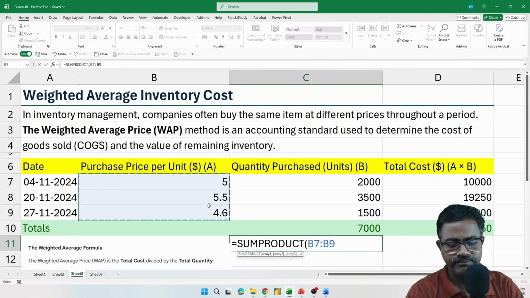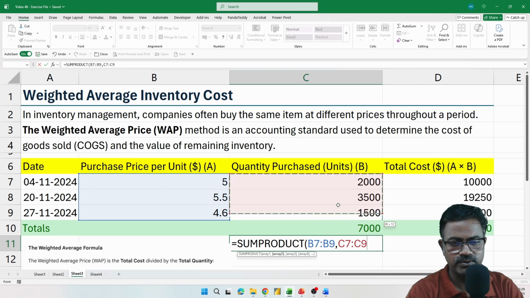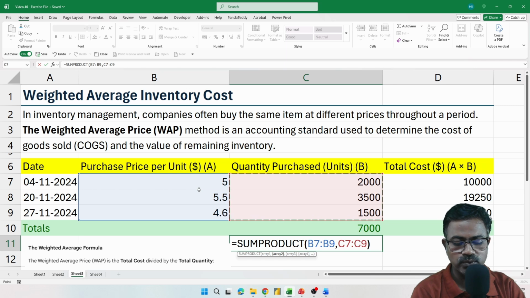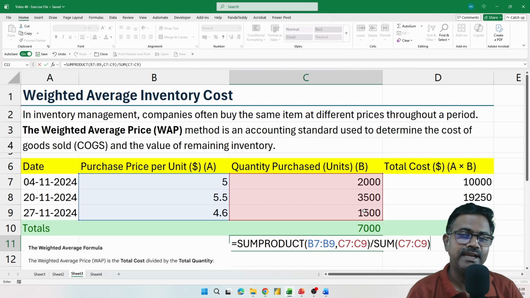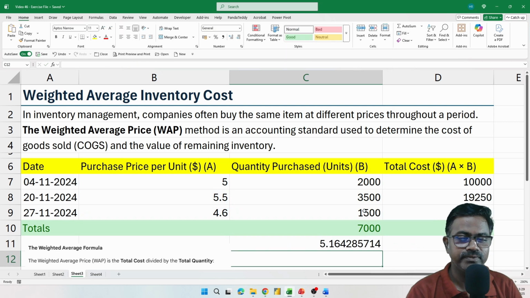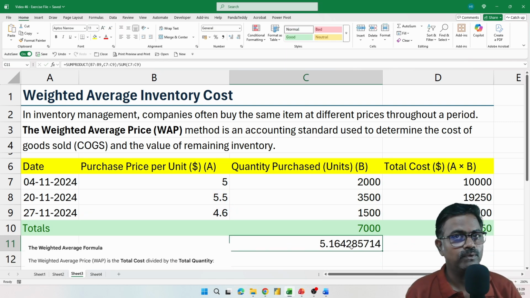Array number 1 comma array number 2. You want to multiply each item of these two arrays and add it, and finally divide it by the total of the quantities, which will tell you the average price for each unit you have in your inventory. That is telling me 5.16, and that's the weighted average of each product you have in the inventory.